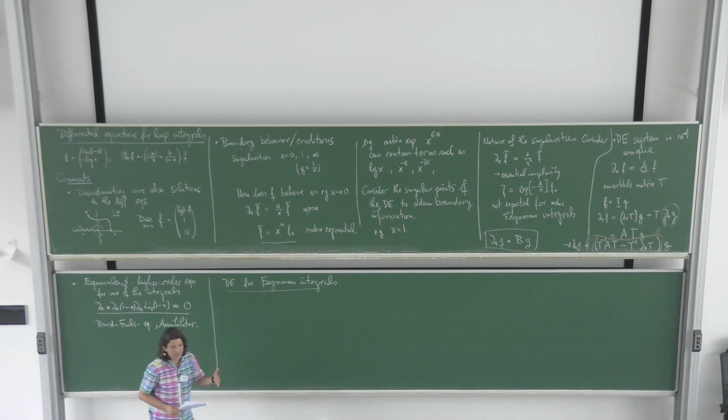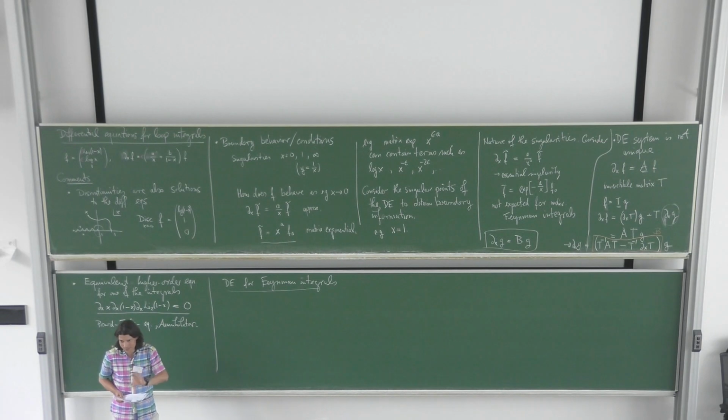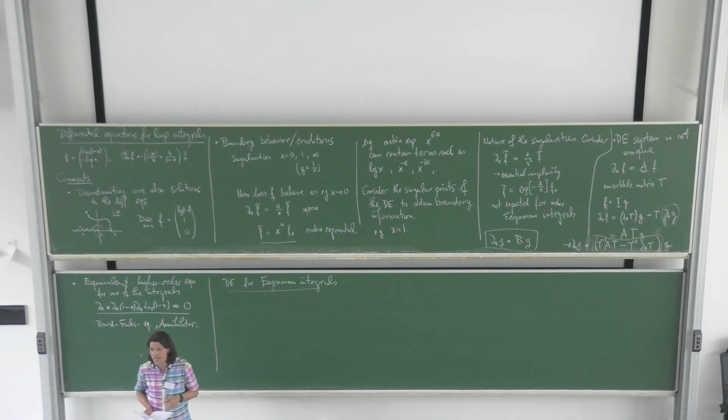I'll mention what the steps are, but then I'll discuss them using an example. So obviously, in a blackboard lecture, the example will be a one-loop example and relatively unsophisticated. But the good news is, once you understand a one-loop example, I would promise you that there's not a big leap to getting to higher loops.